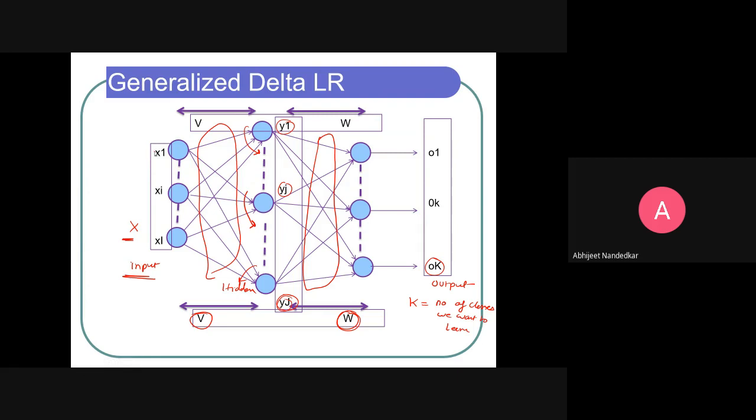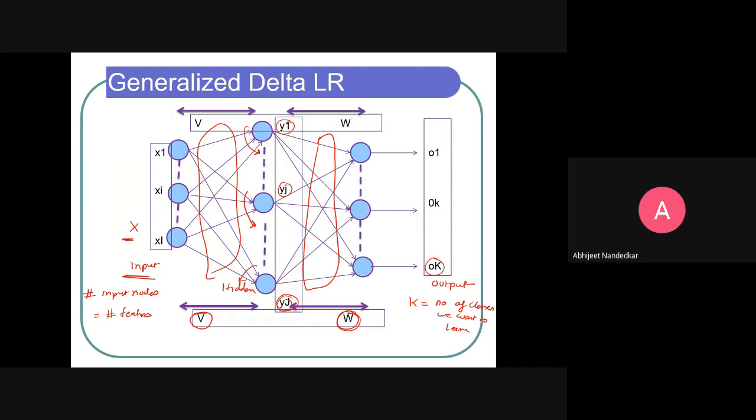If you are extracting, say, 15 features for a problem, then you have 15 input nodes for this network. So the number of input nodes is equal to the number of features.